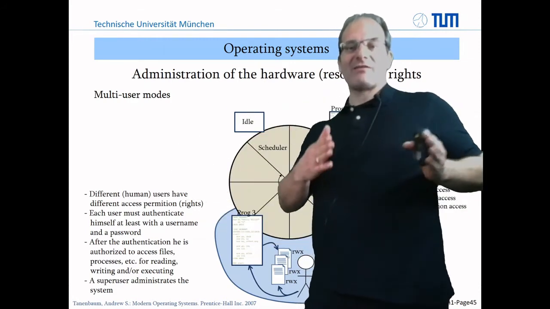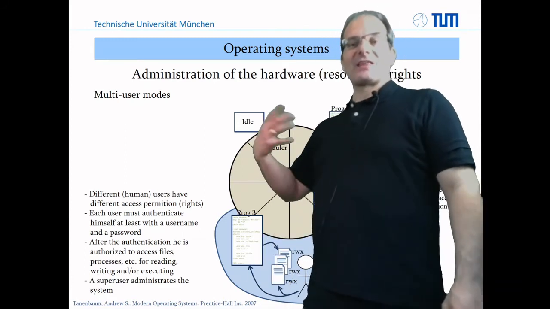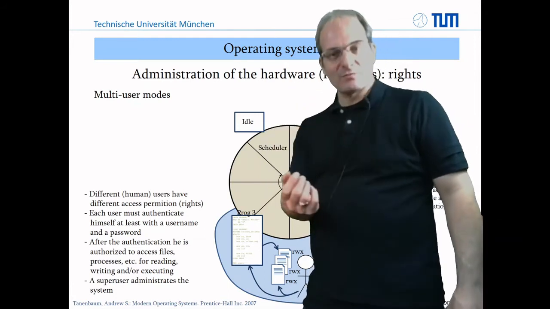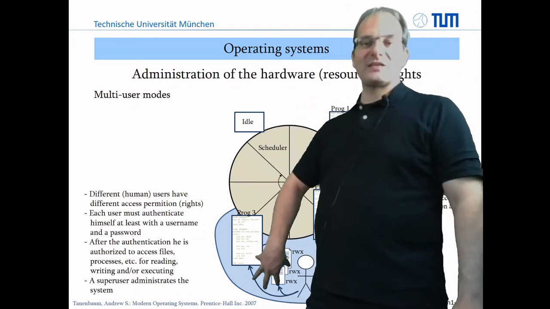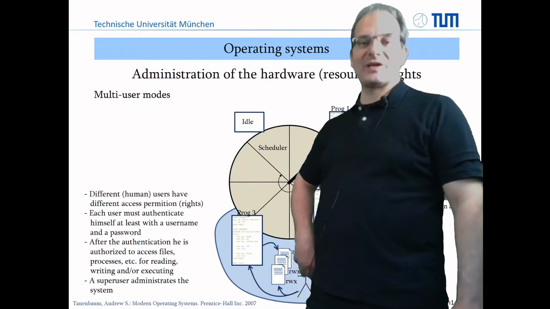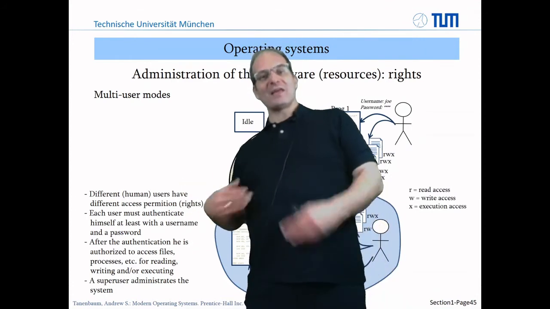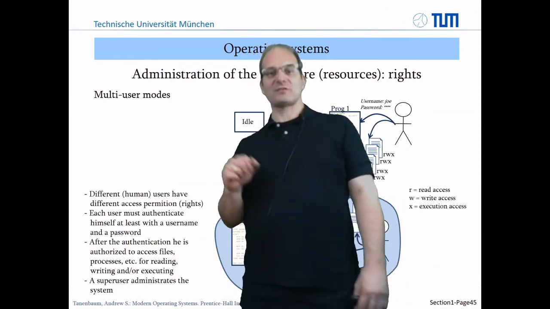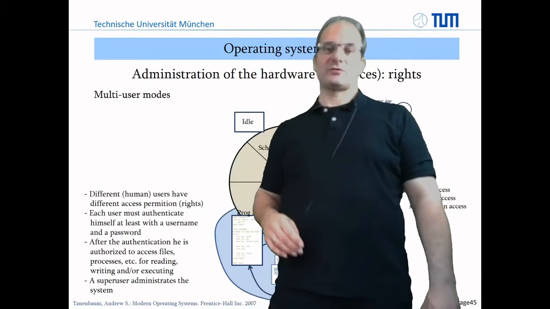So usually you have 3 of these blocks, and you can set, are they allowed to read my file? Are they allowed to write into my file? Or are they allowed to execute a program? So all of these 3 blocks have this RWX, for example, in Linux, and therefore you can define what others can see. Also, folders have the same stuff. What others can see and what others can do on your system.